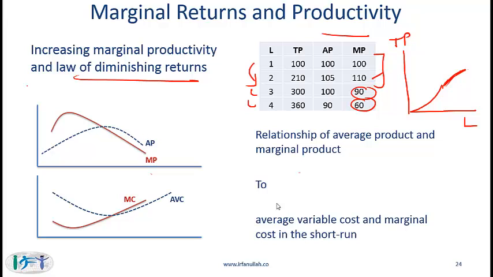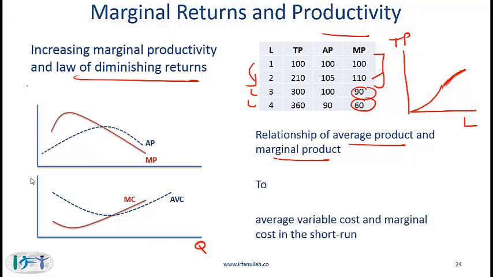Now let's look at the relationship of average product and marginal product. So this relationship relative to average variable cost and marginal cost in the short run. If you recall from section 3.1, there we talked about this relationship where you have quantity of output on the x-axis and a cost or dollar figure on the y-axis.